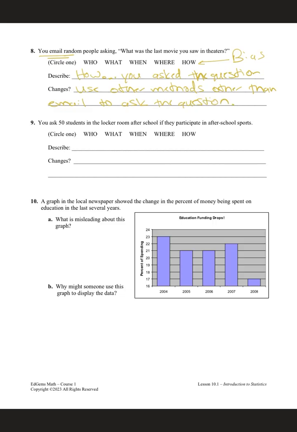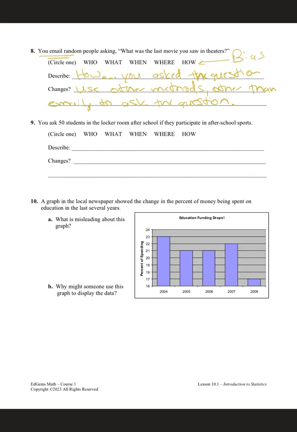So you want to use other methods, comma, other than email, to ask the question. Because not everybody has email. Some people don't have access to the internet. Some people don't have a computer. So anyways, use other methods other than email to ask questions.